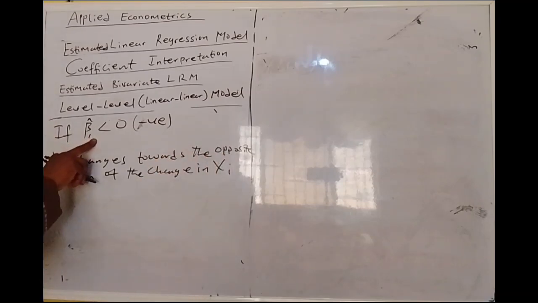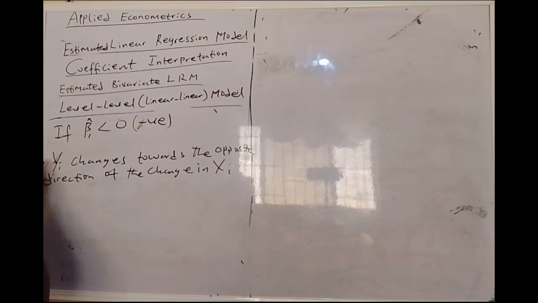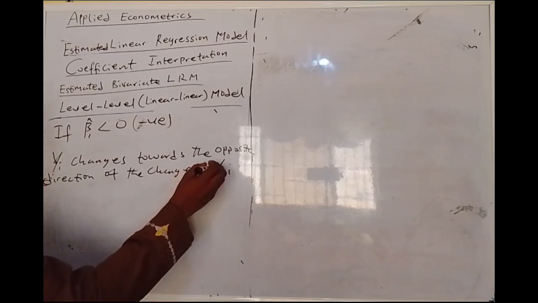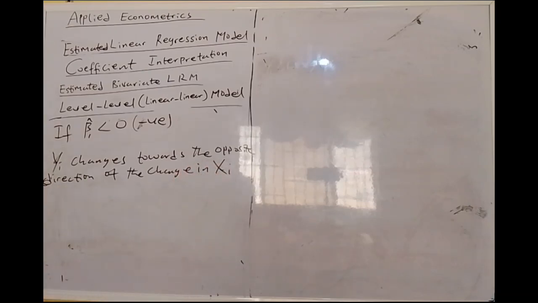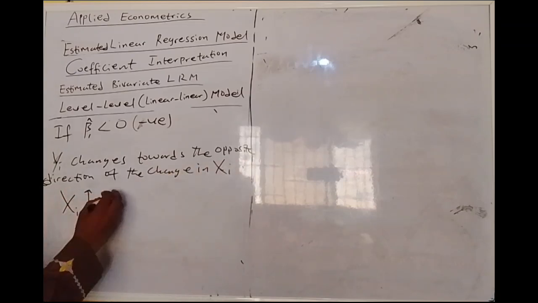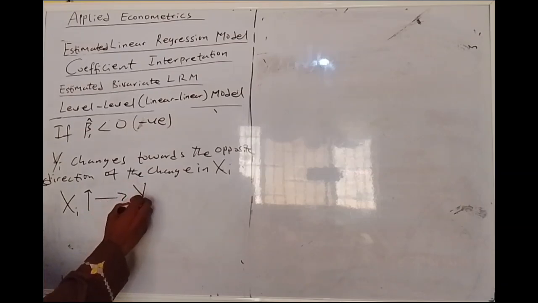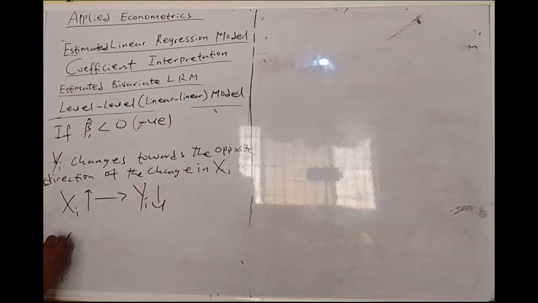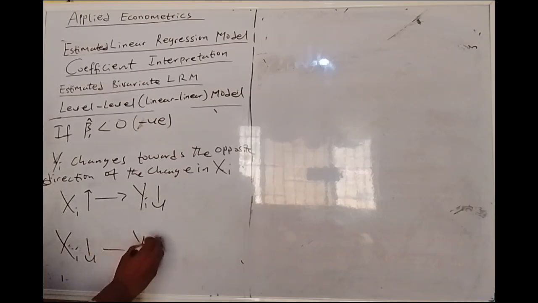Because this is negative, the direction of the change in the dependent variable, y, will be opposite to that of x i. So in this case, if x increases, y will fall, and if x decreases, y will rise. That is the implication of this.